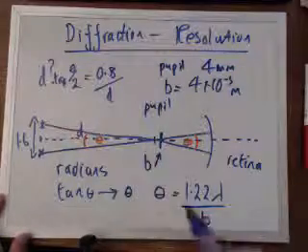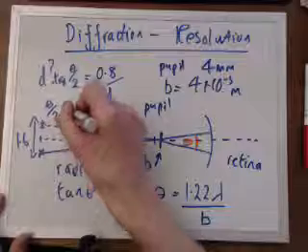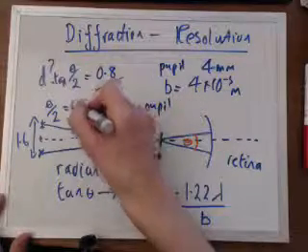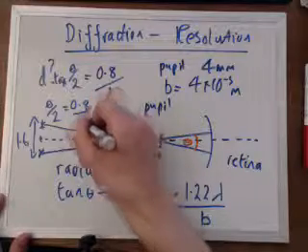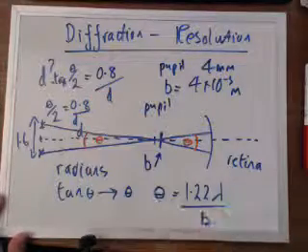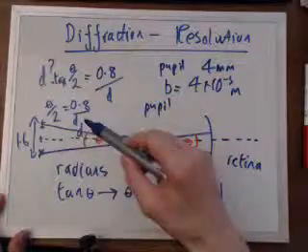So that can be rewritten as theta over 2 is equal to 0.8 divided by D.